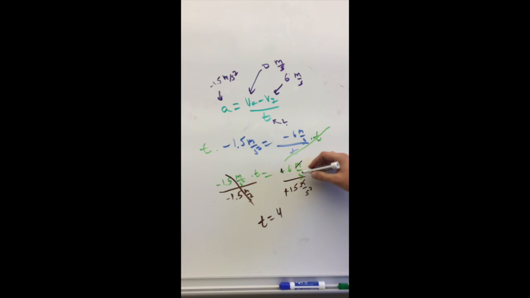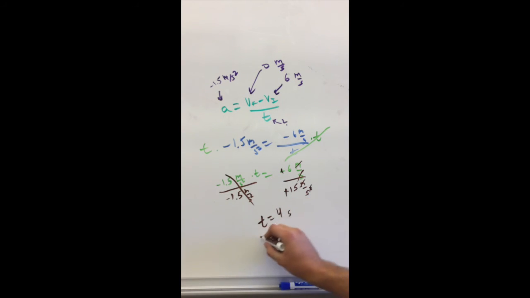Meters cancel out. You've got seconds divided by seconds squared. That actually brings that into the numerator and cancels out one of the s's, giving you t is equal to 4 seconds.